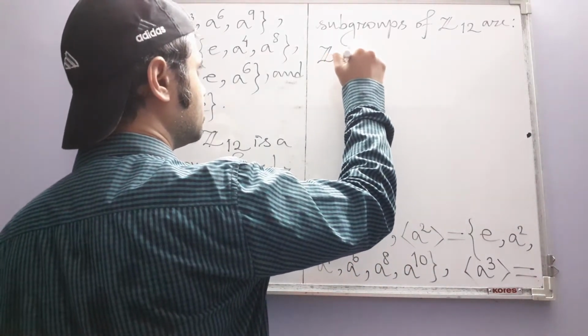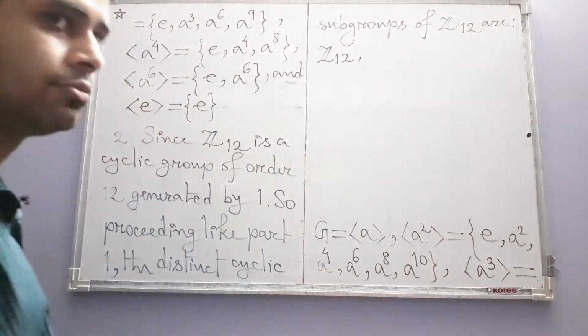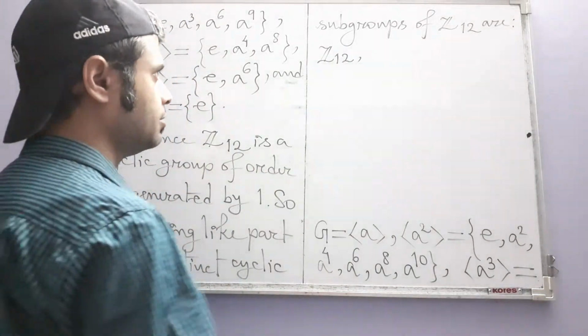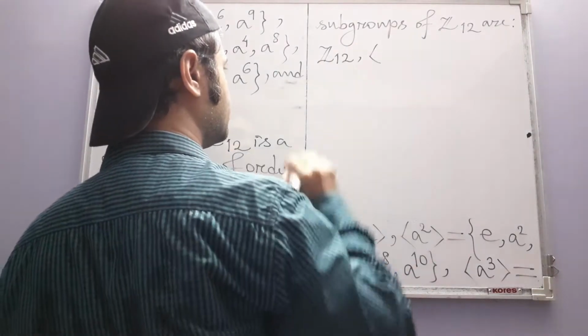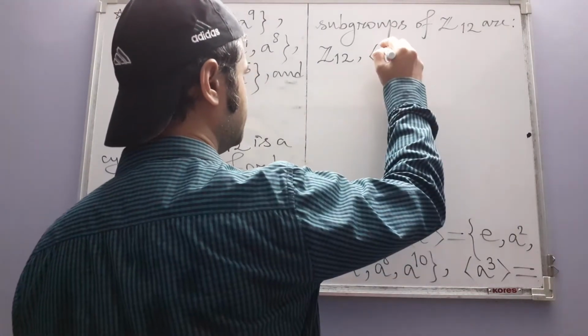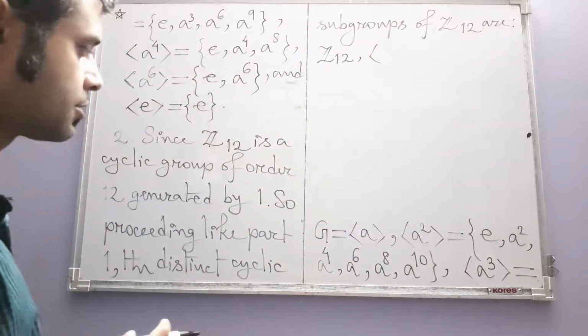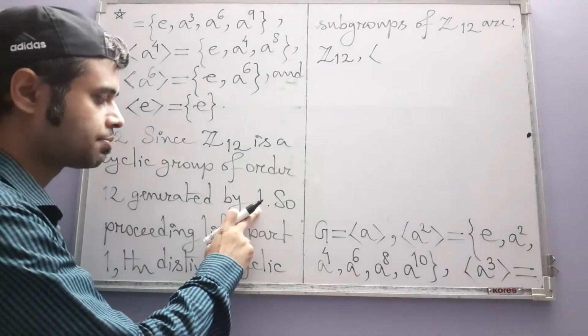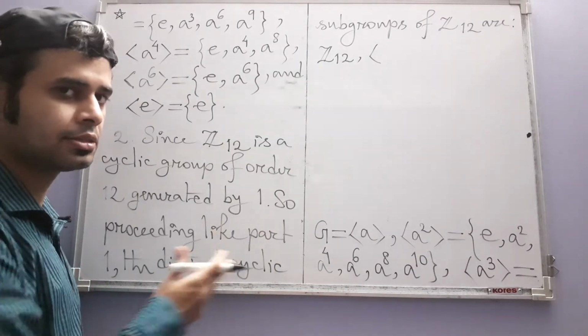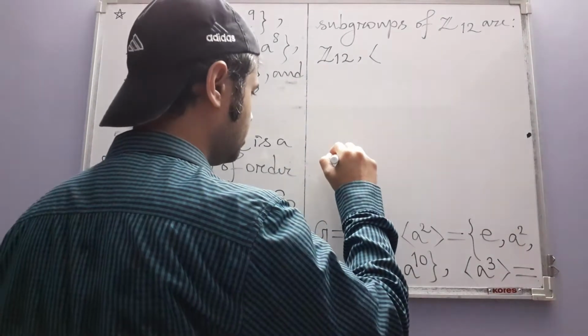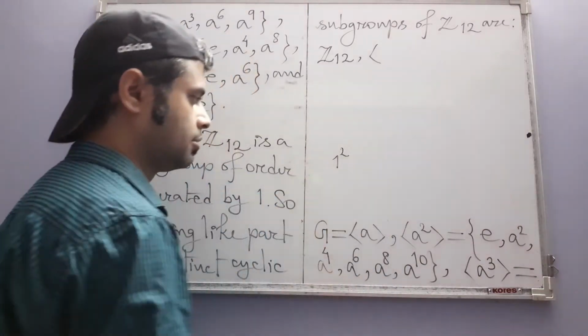The first one is Z12 itself, and then the cyclic subgroup generated by A squared. In this case, what is A? 1 is playing the role of A because it's a generator. Now, what is 1 squared?